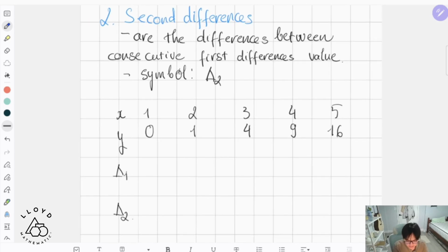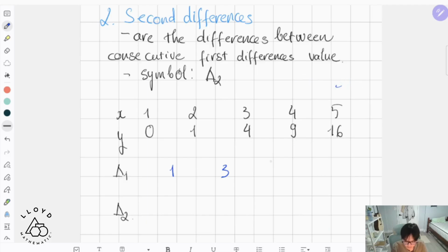Okay, so in this, I already got this one is 1 minus 0, which is 1, and this one is 4 minus 1, which is 3, and this one is 9 minus 4, which is 5.